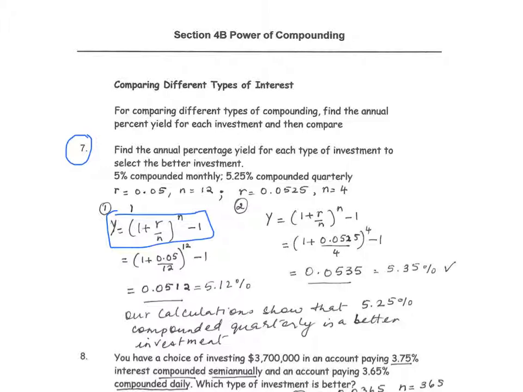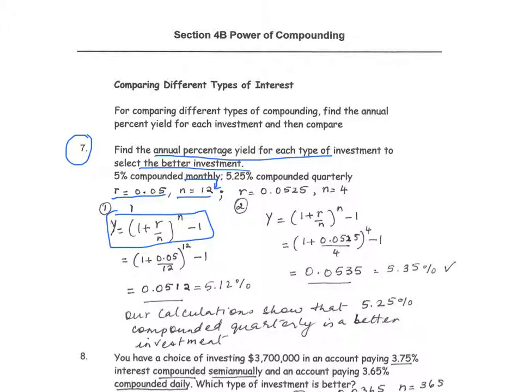So what are the two types of accounts that we have here? It says find the annual percent yield for each type of investment to select the better of the two investments. So we have 5% compounded monthly, and 5.25% compounded quarterly. Look at the first account. Rate is 0.05. Monthly compounding suggests n equals 12.